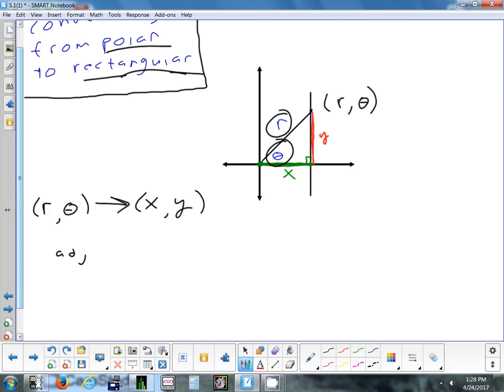So adjacent, and r is across from the 90. So what does that make r? It's the hypotenuse. Anything that's across from the 90 is always your hypotenuse. And now the question is, what trig function uses adjacent and hypotenuse?